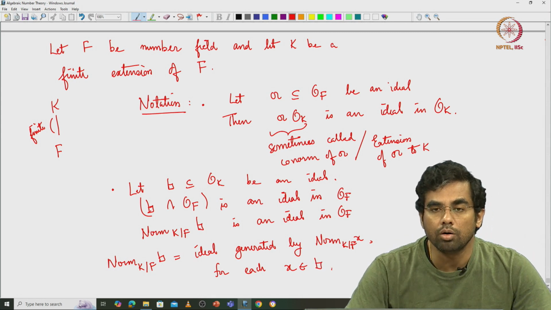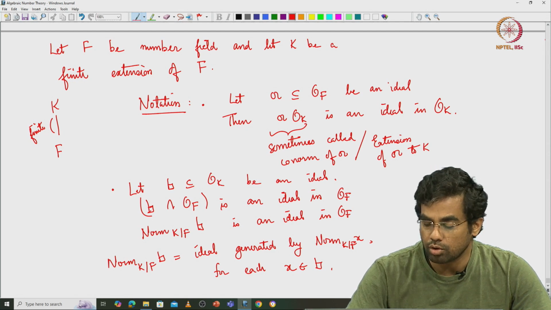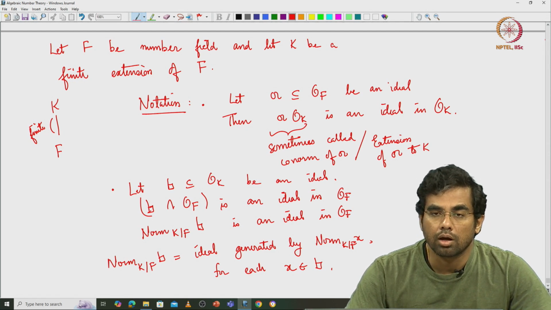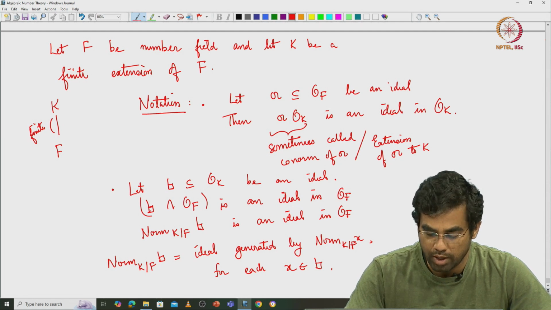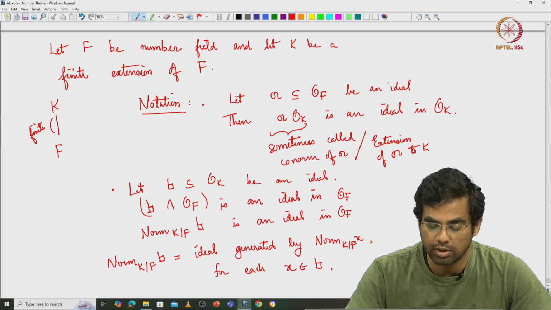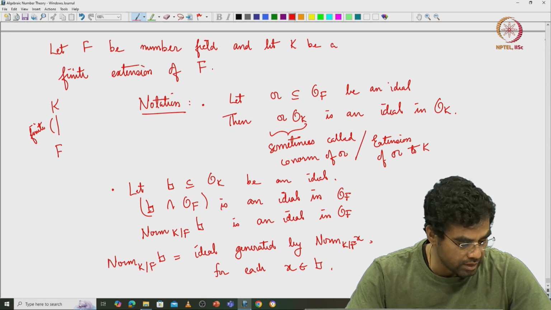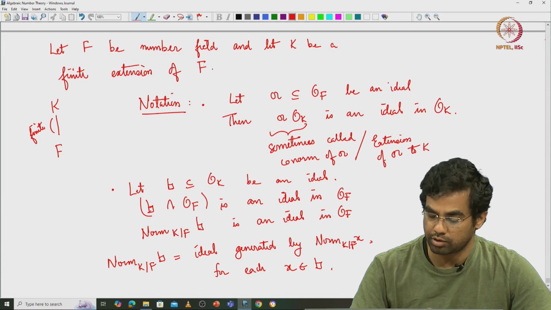So, you take the norm of each element in B, and that gives you a subset of OF, and you take the ideal generated by that subset. Okay. So, that is what the norm of B is. We have seen this before. This is just a reminder of the definition.